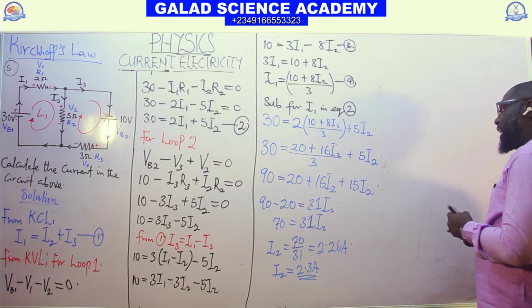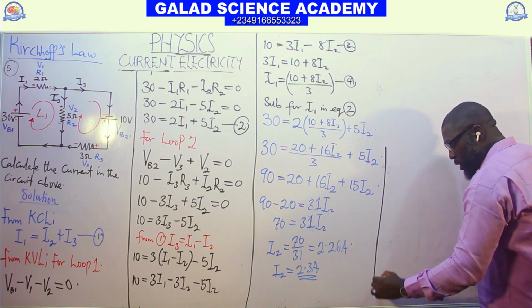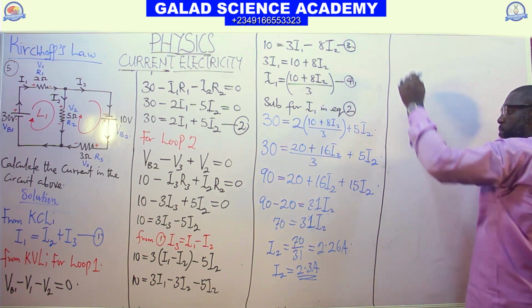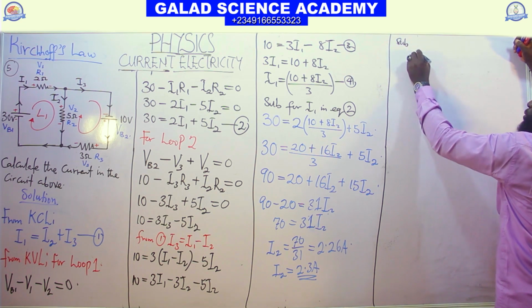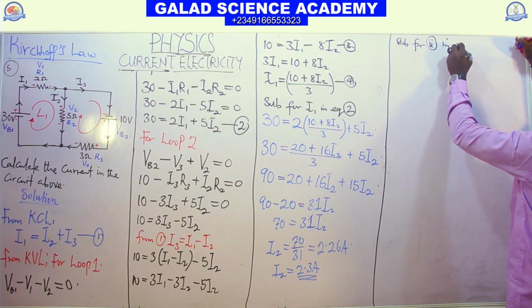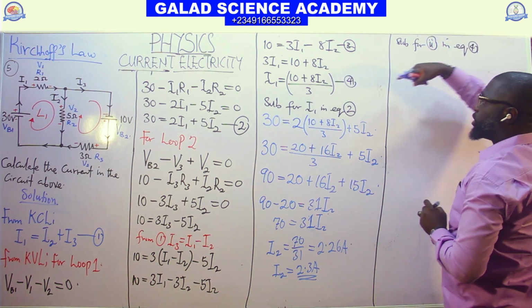So we can now agree. Let us substitute for I2 in equation 4.